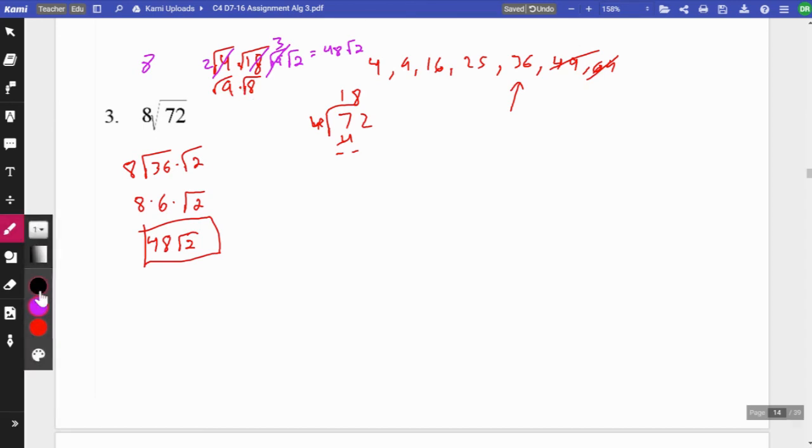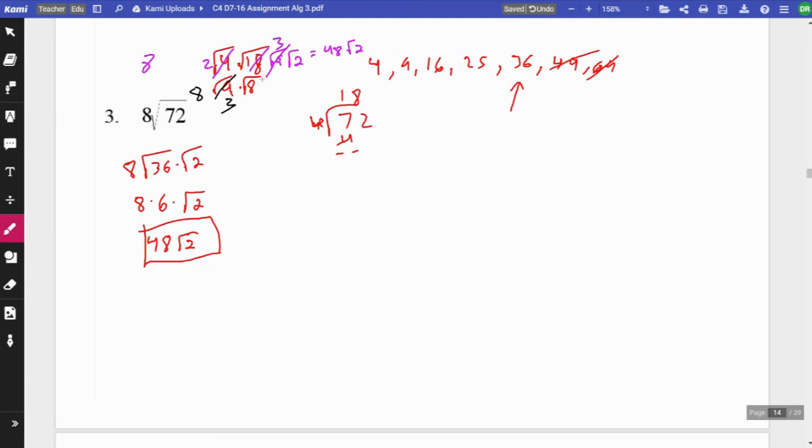And just for sake of completeness and to beat a dead horse, if we said 72 was square root of 9 and square root of 8, I still have this 8 out front, by the way. If we split it up into these two, it's okay because 9 is a perfect square. So this thing now is a 3. And I can multiply 8 times 3, but I'm not done. Square root of 8, as we learned, can be broken up.